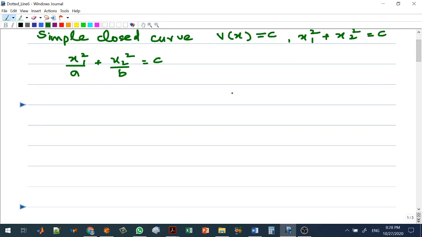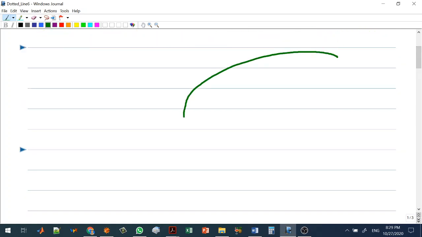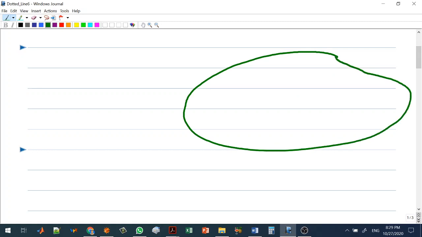And consider the system trajectories along this closed curve. The only requirement over here is that V(x) is continuously differentiable. So let us suppose that this is our region.